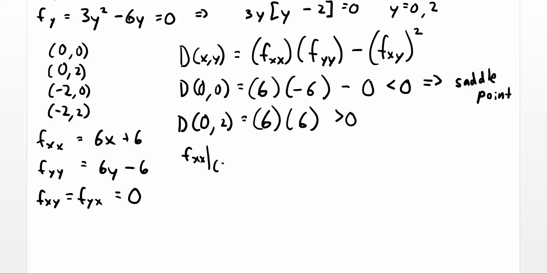So at 0, 2. And we already found this actually. This was 6, which is a positive number. When the discriminant is positive and fxx evaluated at the critical point is also positive, this means we have a local min.